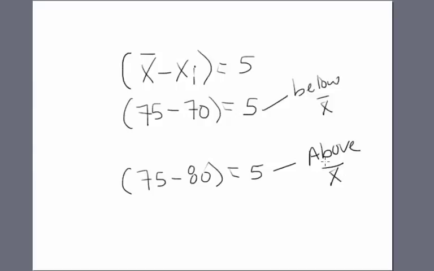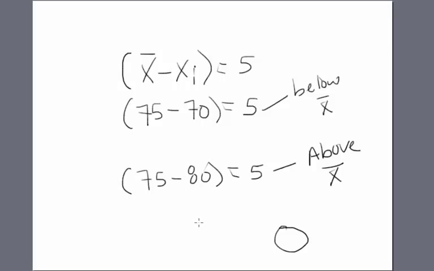The problem, if we were to calculate the difference between each x sub i in the distribution and the sample mean, is that if you sum them all up, you would get a value very, very close to 0. The reason is that about half the scores are going to be above the mean and half the scores are going to be below the mean.